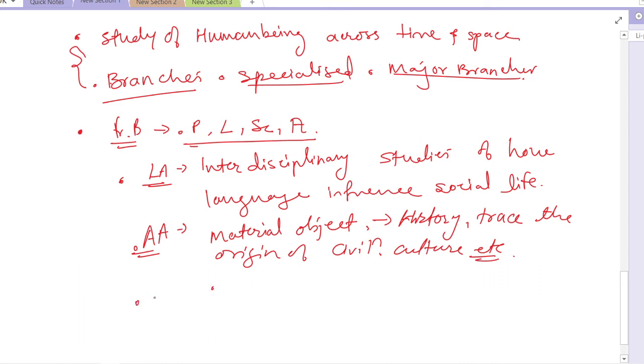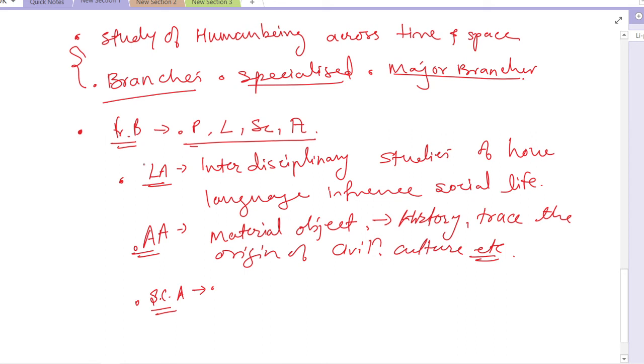The third is socio-cultural anthropology. It is a branch of anthropology which studies the way of life of people in terms of place and time. The basic aim of socio-cultural anthropology is to generate meaningful scientific laws of human behavior.